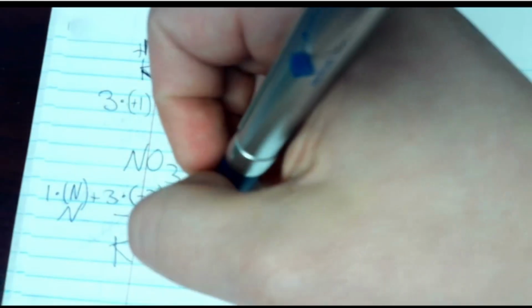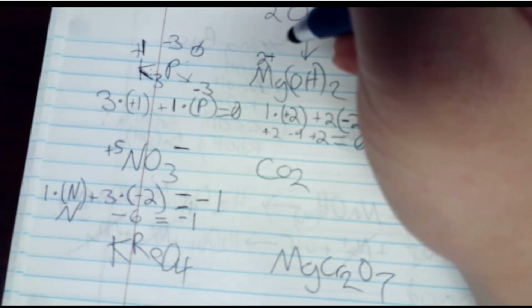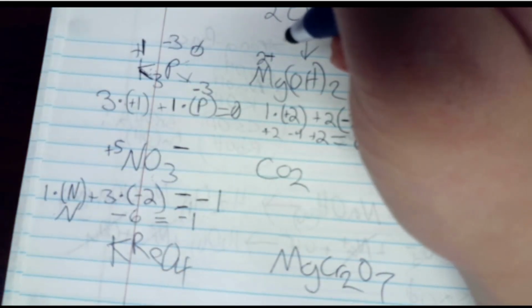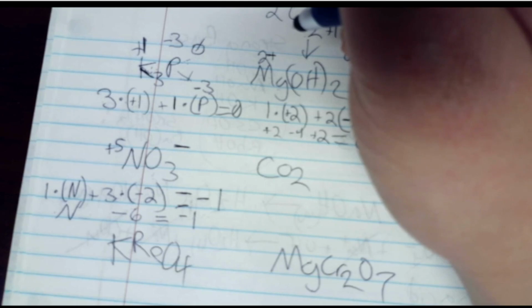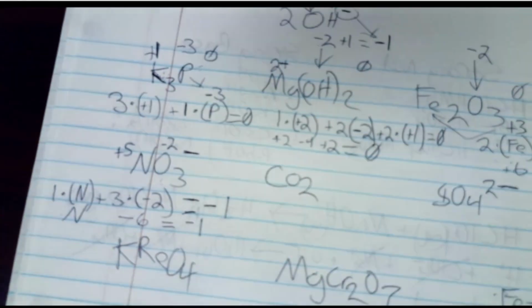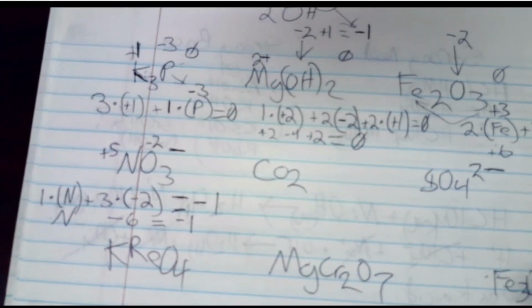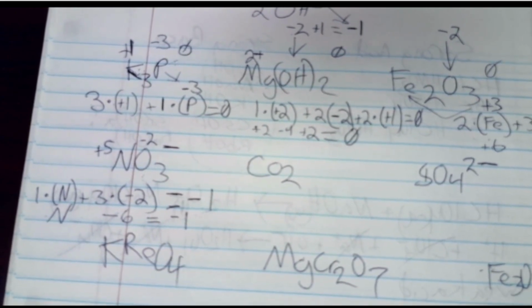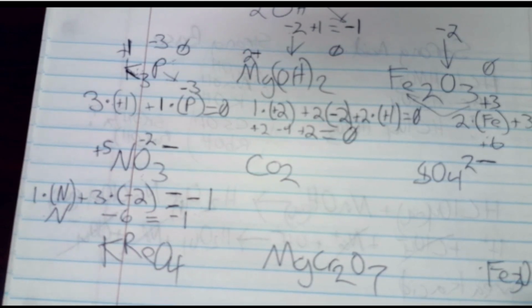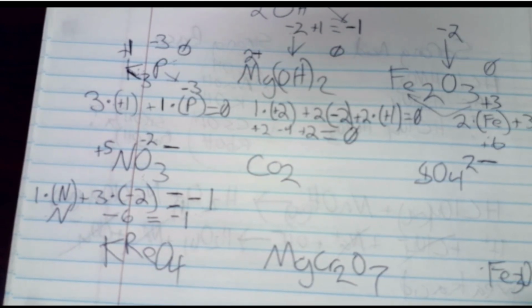So in order for this to work, -6 plus blank equals -1. Nitrogen must be +5. I know nitrogen likes to be -3, but something's got to be positive and something's got to be negative. It's better that oxygen is negative and nitrogen is positive. Please note, I would say oxygen has a -2 oxidation state, not a -6. 3 oxygens together make a total of -6, but the individual oxygens each have -2.